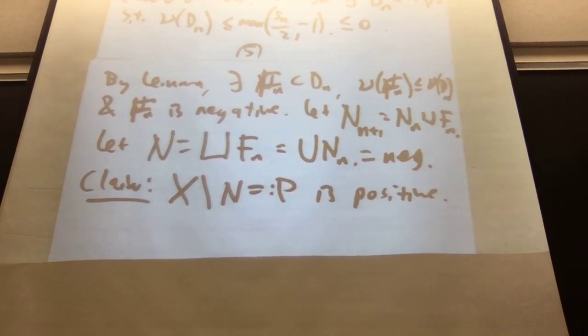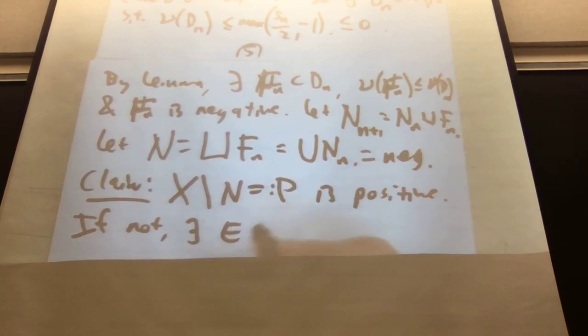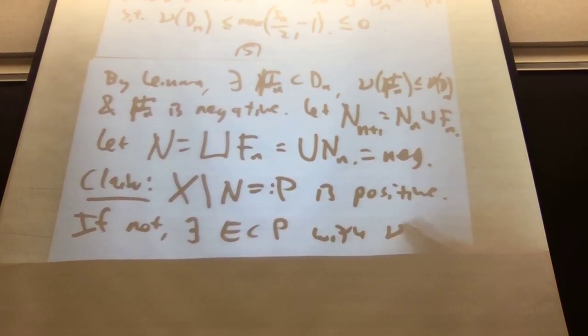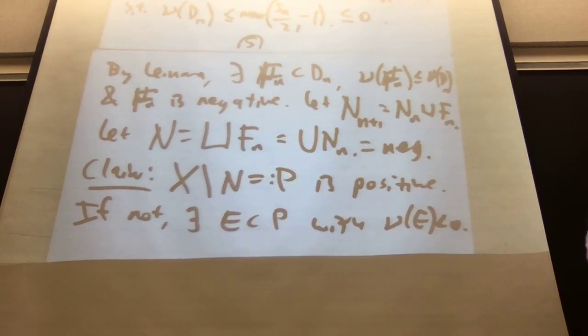And the argument is the same as before. If not, there exists some set, let's just call it E, in P, with nu of E strictly negative, and that has survived all of these removals of Fn.